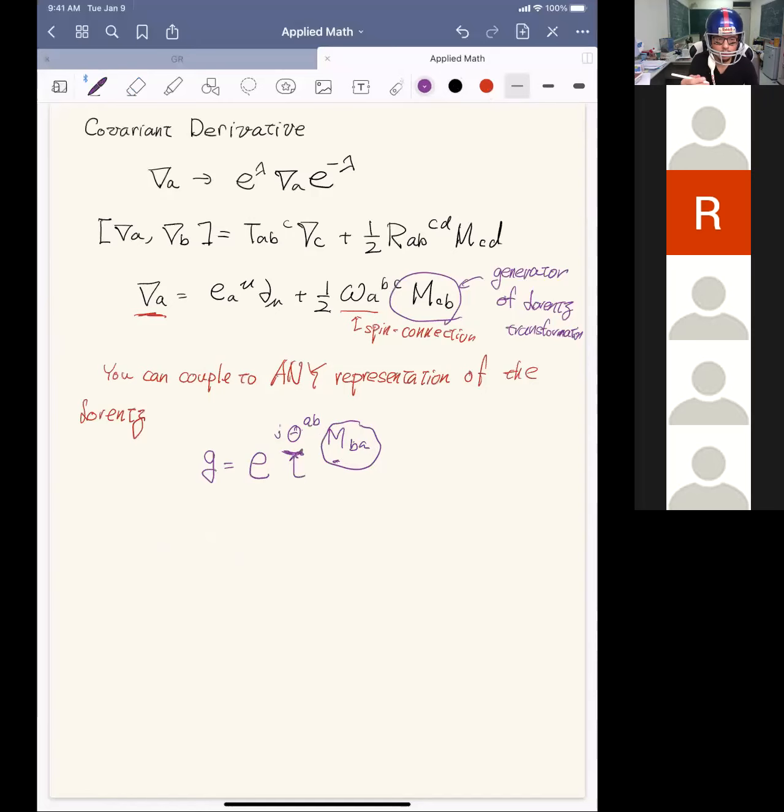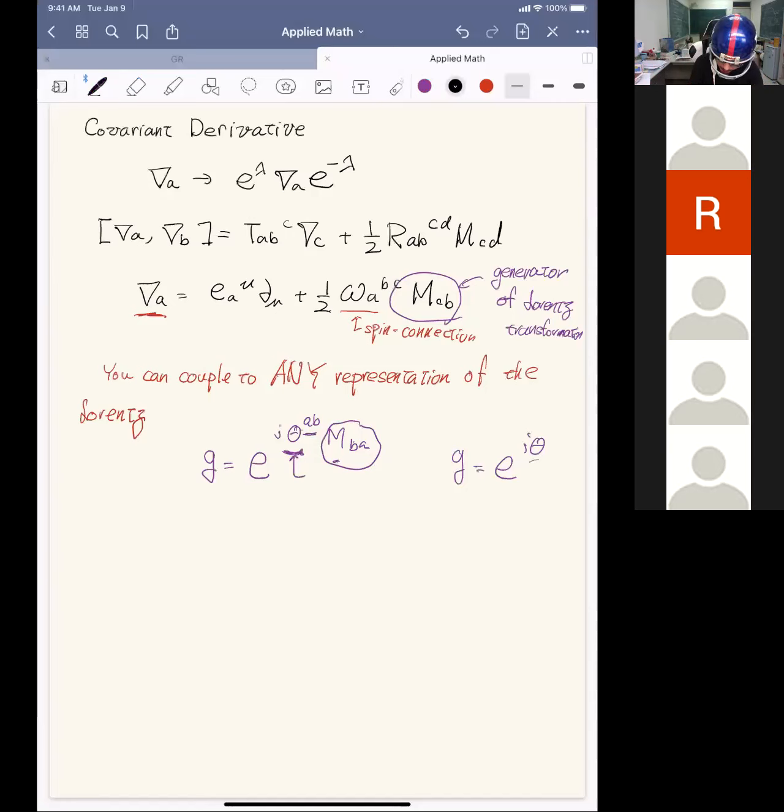This is just like a U(1) rotation, where your g is just exponential of iθ. Now you have more than one θ: you actually have 6 of them, because A and B run from 1 to 4 and they're antisymmetric. Three of them represent the usual spatial rotations, and 3 of them represent the 3 different Lorentz boosts.